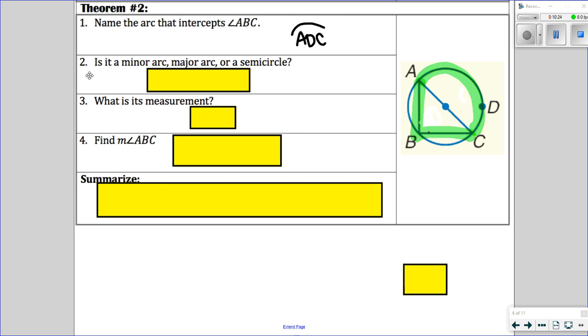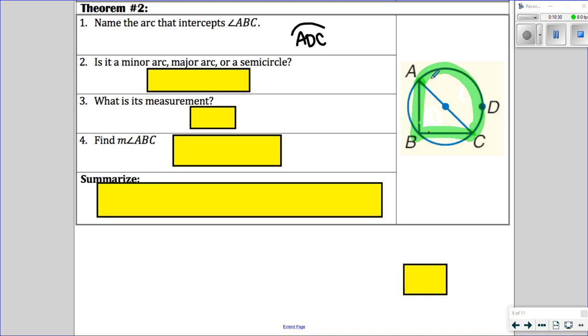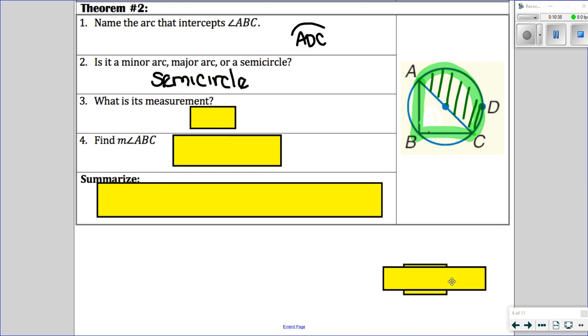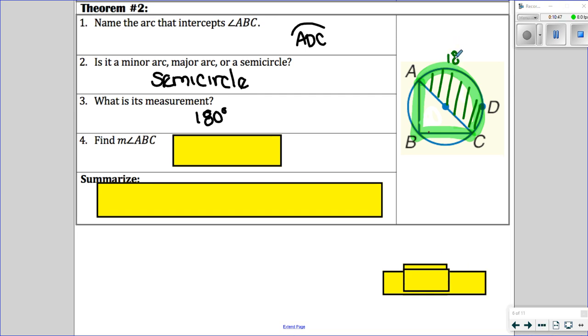Is it a minor arc, major arc, or semicircle? Well, let's look at arc ADC. Notice that it creates this dome, and it's half of the circle. So what do we call half a circle? A semicircle. What is the measurement for a semicircle? 180, because the circle is 360, so half of that is 180.